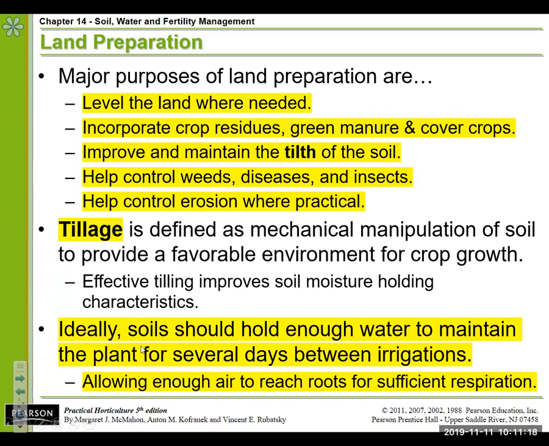Ideally, through tillage, we're altering the soil so that it holds enough water to maintain the plant for hopefully several days in between irrigations, while still maintaining enough air in the soil, those air pockets, to reach the roots so that they're able to breathe, basically, to respire.